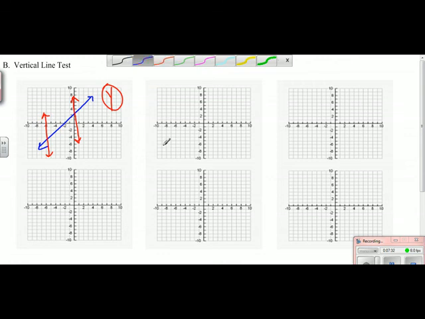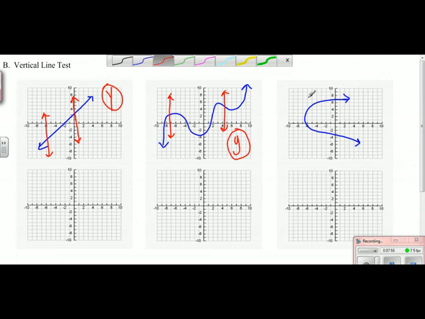If I come in and I do some sort of ugly graph like that, I can still come in and I can draw vertical lines that never intersect in more than one place. So this is a function. If I come in and I draw some sort of a graph like that, there are spots where they intersect in two locations. This is not a function.